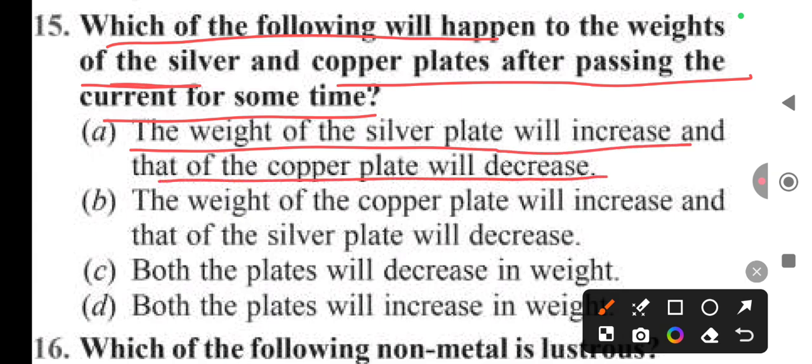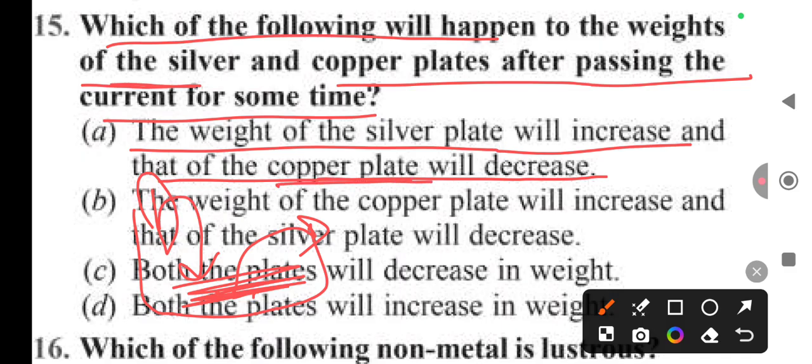Definitely, you saw that in the beaker you have taken copper sulfate; copper from this will deposit on the silver plate, and from the copper rod, copper will enter into the solution. So the weight of the copper plate will decrease, and the weight of silver will increase. So this option will be the correct answer.